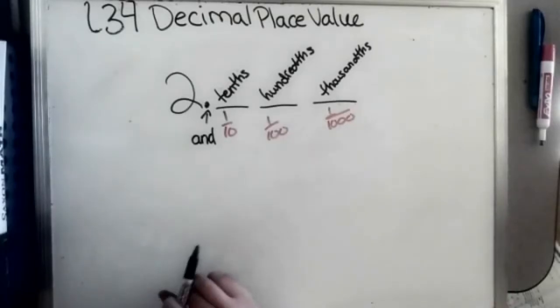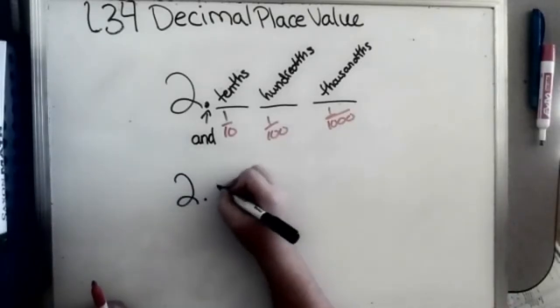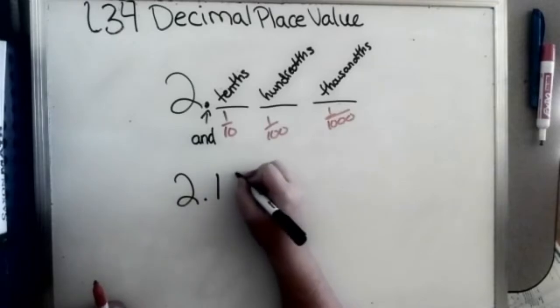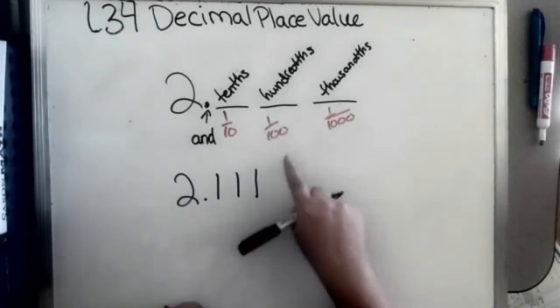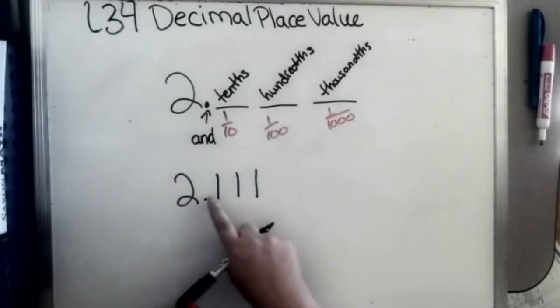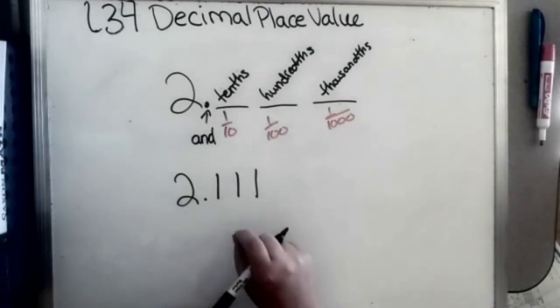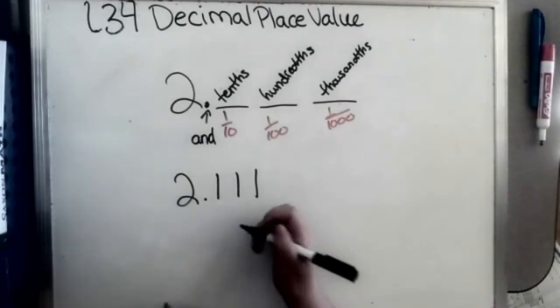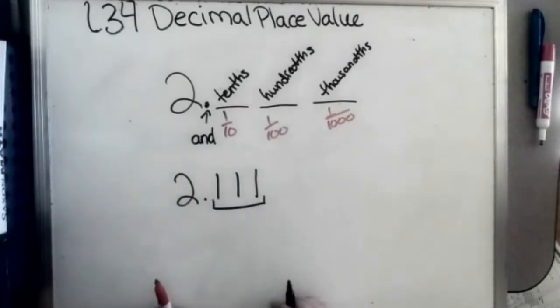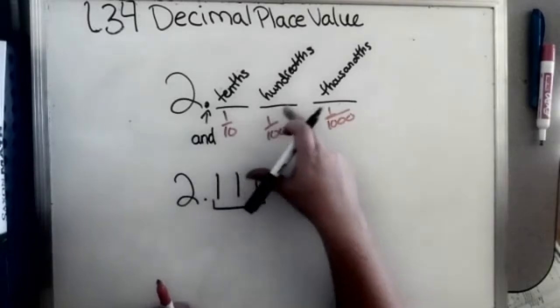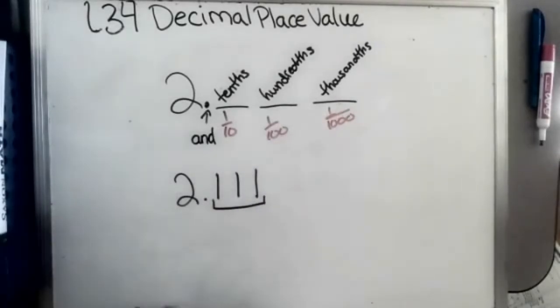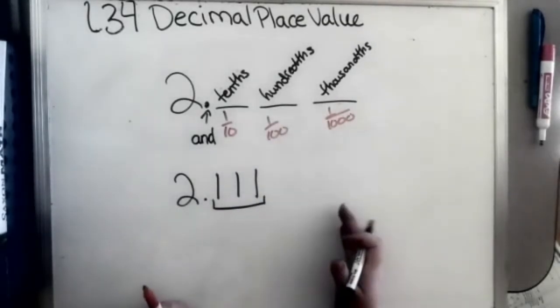All right, so if I wrote 2 and these are the fraction equivalents. So this is 2 and 111 thousandths. Okay, so you say it as if it's a group of numbers like that, and then the word you say of these is the last one you land on. So this is 111 thousandths.